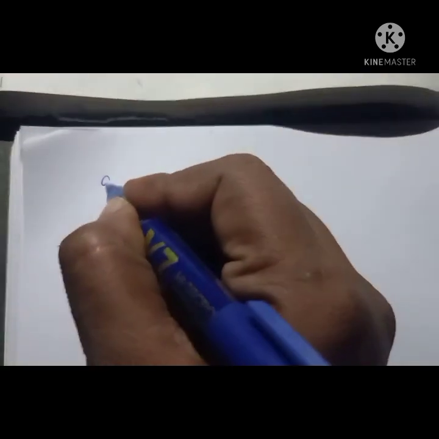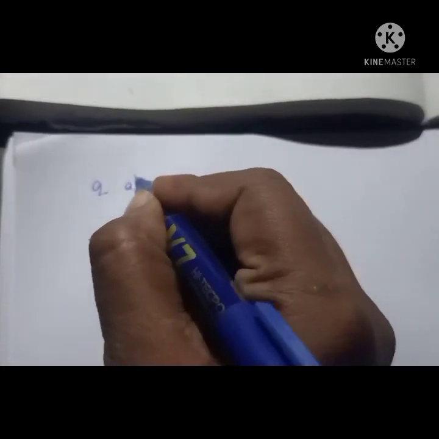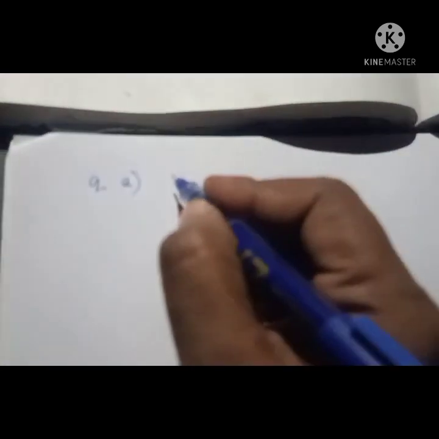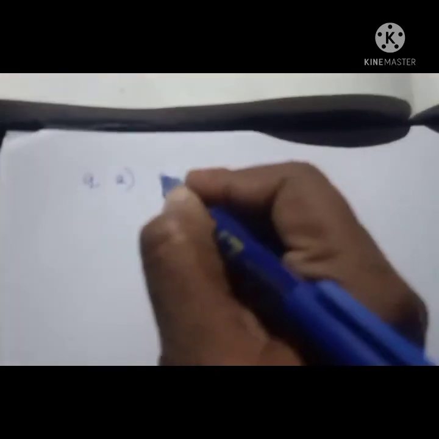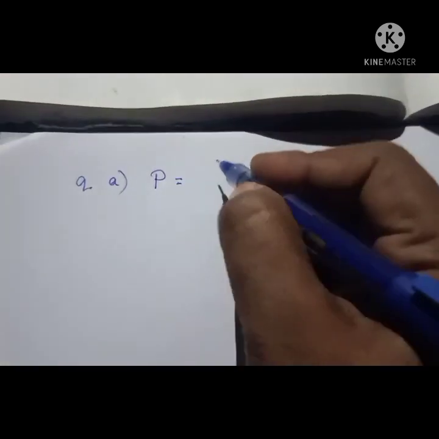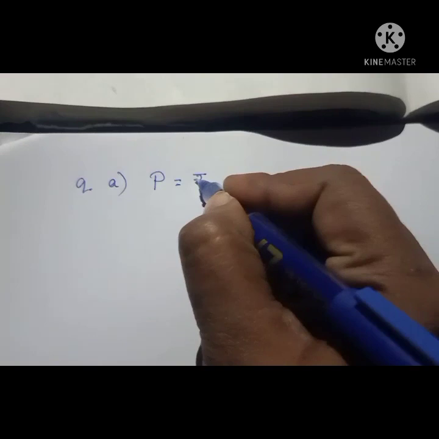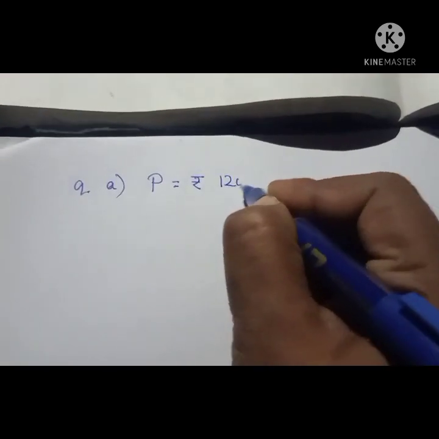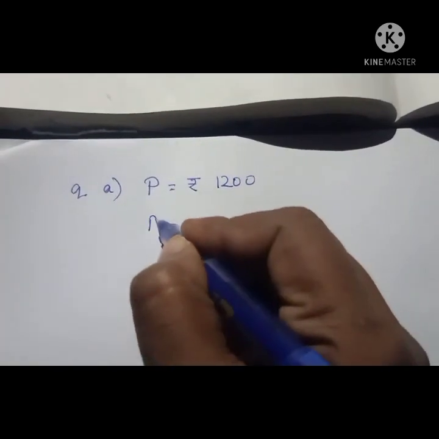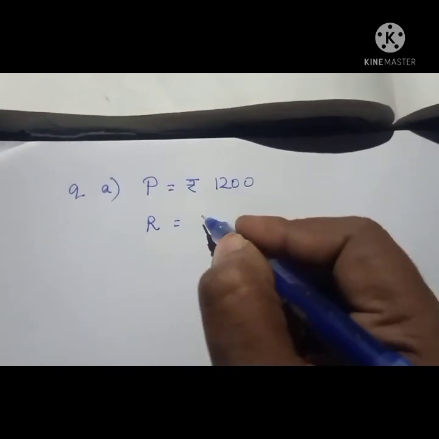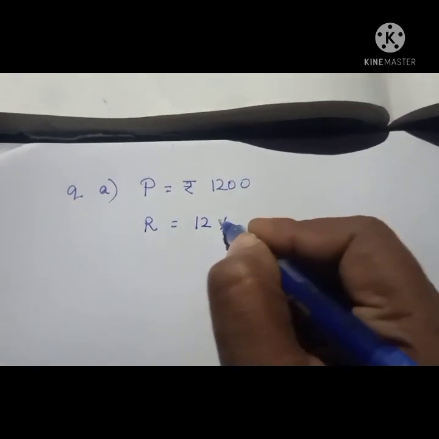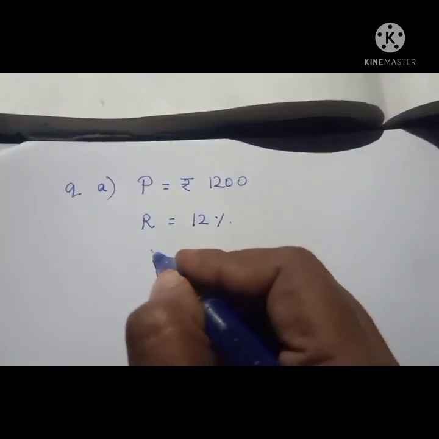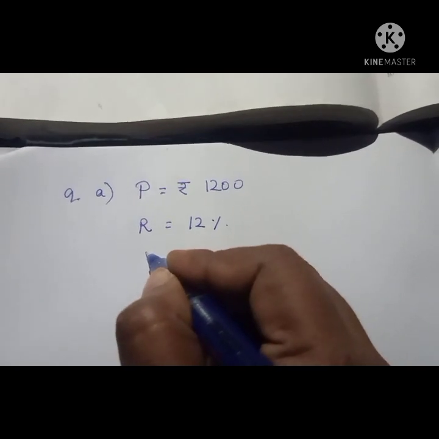In the A sum, what are the things given? The principal amount P is given, that is rupees 1200. What is the R? The rate of interest, that is 12% for 1 year. And then, how many years after do we need to pay?